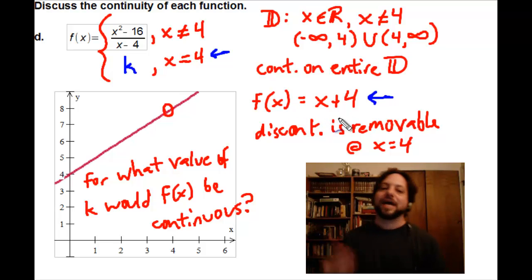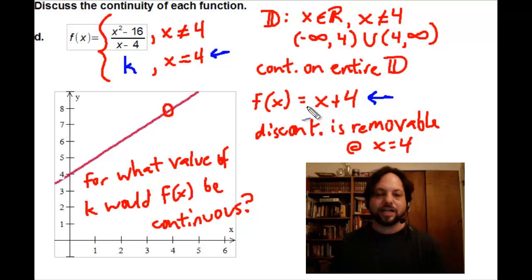From the right at x equals 4, we'll get 8. And so clearly the limit as x approaches 4 would be 8. What would k have to be then? Well, k would have to equal 8. If that were the case, that would fill in this hole, and we would now have a continuous piecewise function. So just another interesting twist on this whole thing.